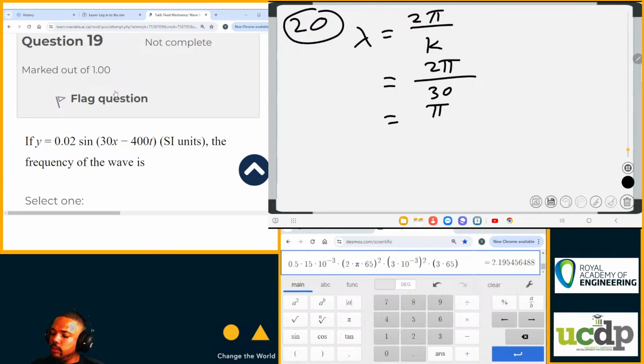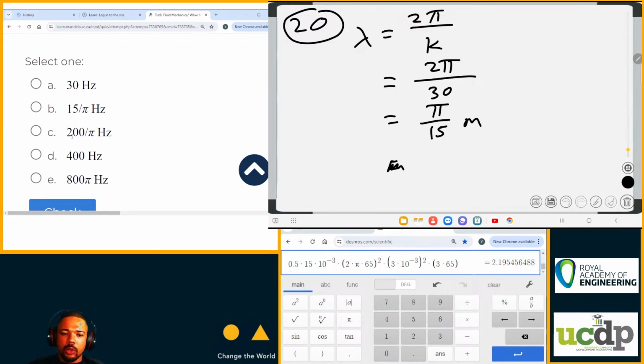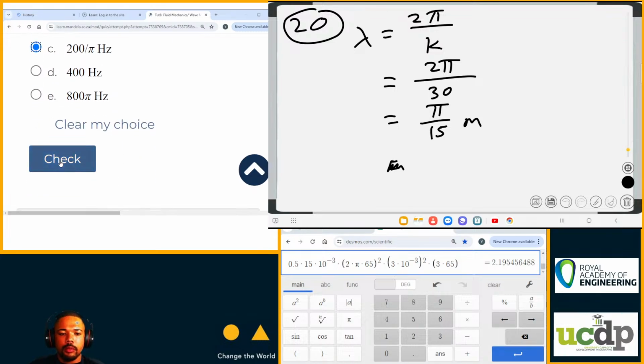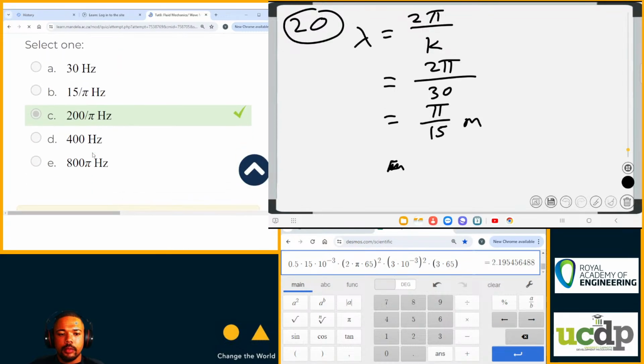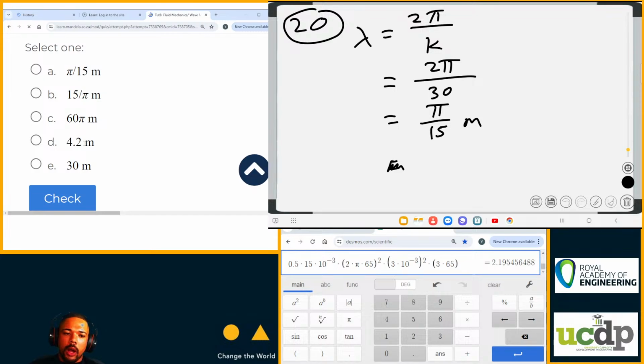So it's pi over 15 meters. Not interested in the algebraic. Frequency here we got 200 over pi. There we have it.